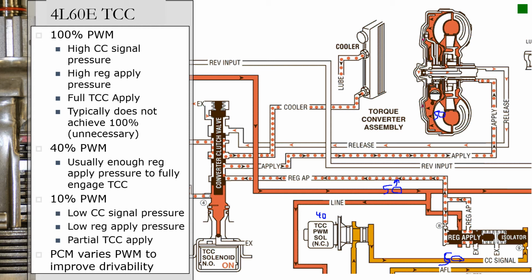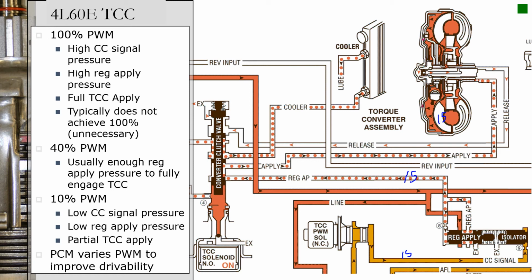If that's enough to apply the clutch and create no slippage, then they could stop there. If I have 10% PWM, I'll only have about 15 psi in this converter clutch signal, which means I'll have about 15 psi of regulated apply, and only 15 psi of torque converter clutch apply pressure, so I probably won't have enough pressure to apply a torque converter clutch, but I'll start bringing it on and it'll start bridging that gap, the speed difference, and that's the starting point.